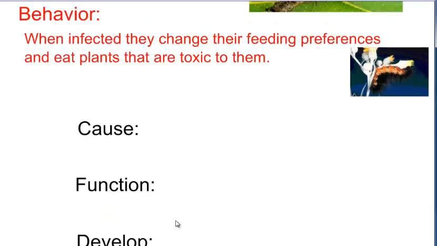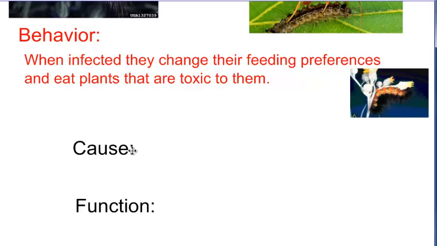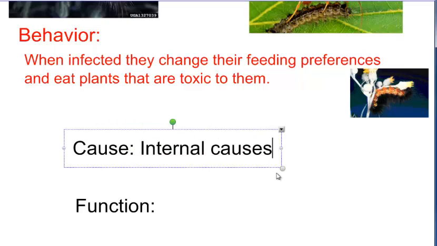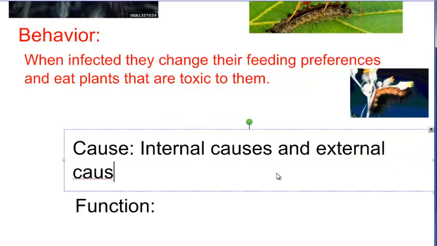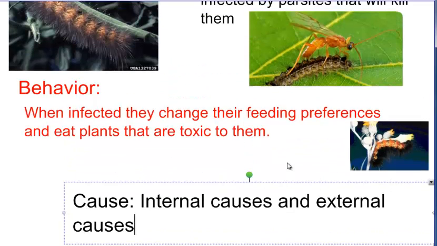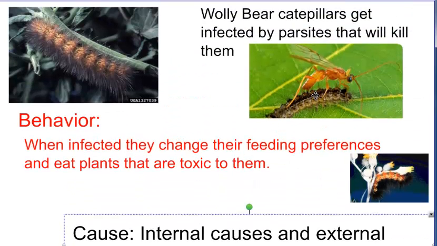Then you're going to talk about each one. For cause, you have 2 main things you need to talk about. Internal causes and external causes. In this case, internal causes are going to be the chemicals released when they're being attacked by the parasite as it consumes their body.